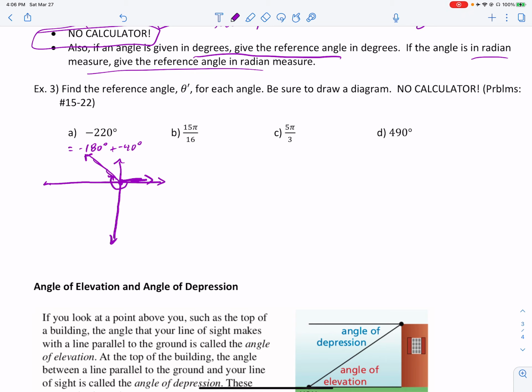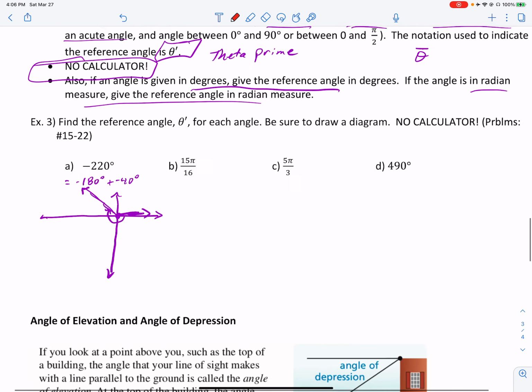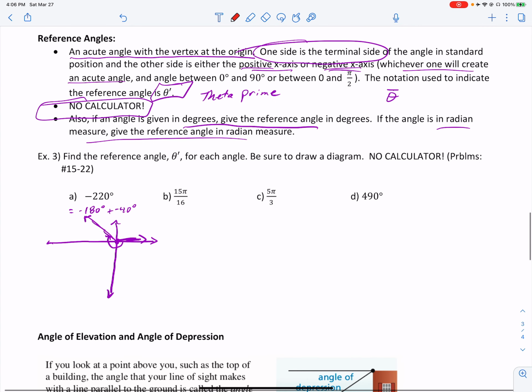So the reference angle is the angle where the terminal side is one side, and its vertex is the origin. So here's my terminal side, so that's one side. And it's either the positive x-axis or the negative x-axis.